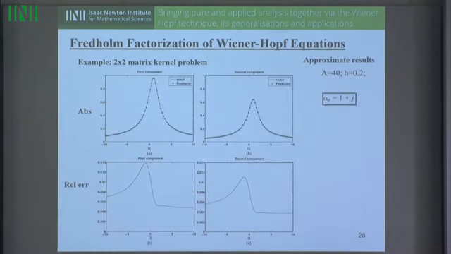And here is another example, with alpha 0 equal to 1 plus j, and we have the absolute value reported here for the first and second components, and the relative error. So you see that it is almost 1% error.